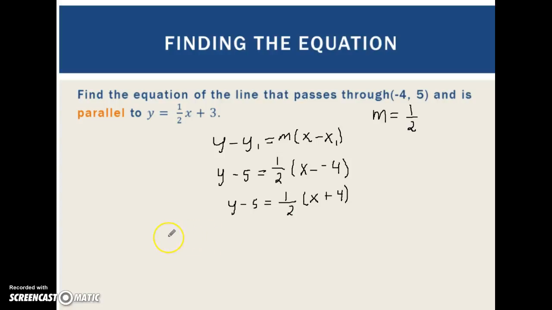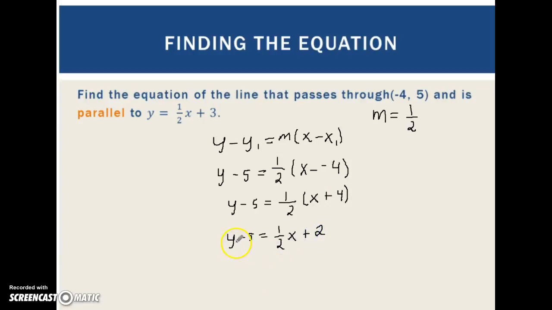If you had to translate it to slope intercept form, which the homework notes, you would have to solve this equation for y, meaning we need to get y by itself. So first step, you want to use your distributive property to multiply through 1/2 times x and then 1/2 times 4. We want to make sure we multiply that slope times both terms. So we would have y minus 5 equals 1/2 times x, so 1/2 x, and then 1/2 times a positive 4, think of it as half of 4, is 2.